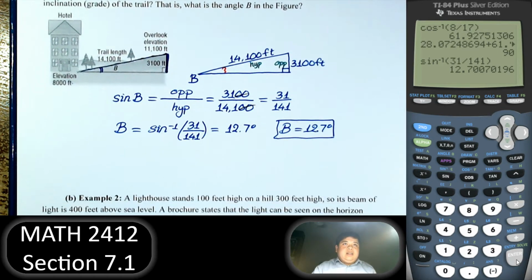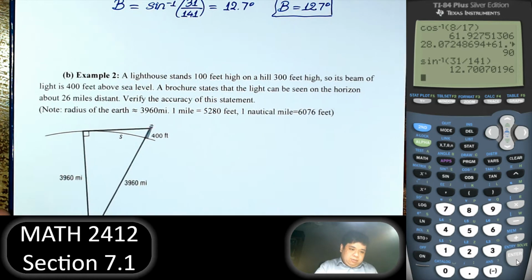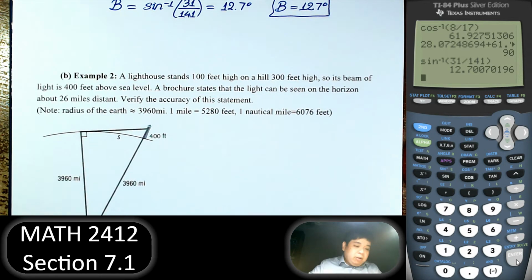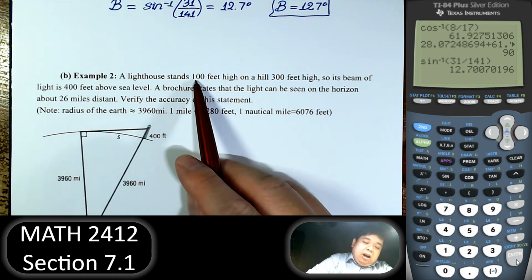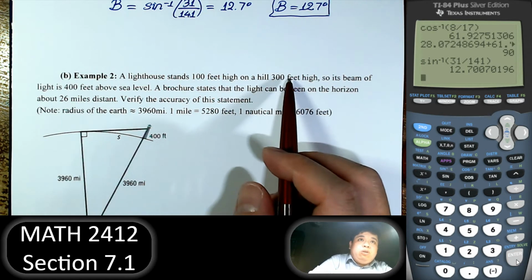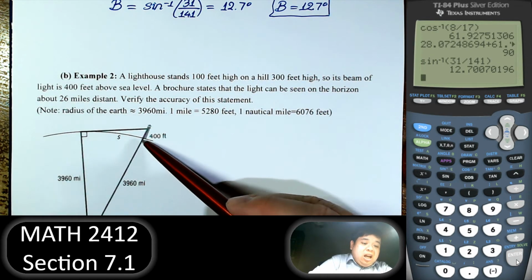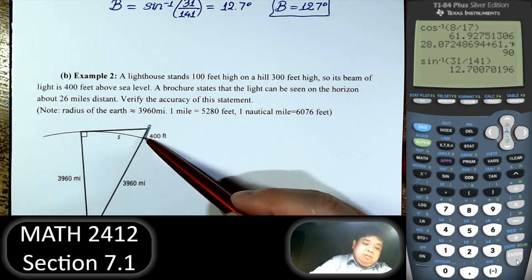Right, next, let's look at another example. Application problem. Suppose that we have a lighthouse that is 100 feet high, standing on a hill that is 300 feet high. So from sea level to the top of the lighthouse is 400 feet. That's what we have here.